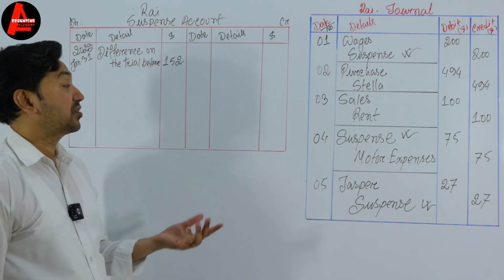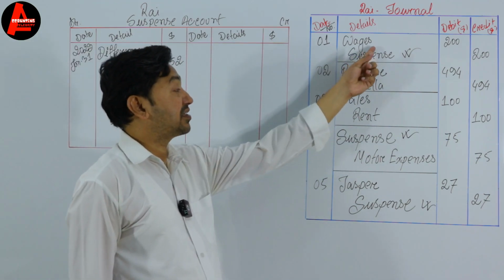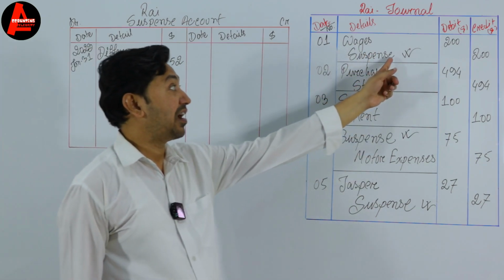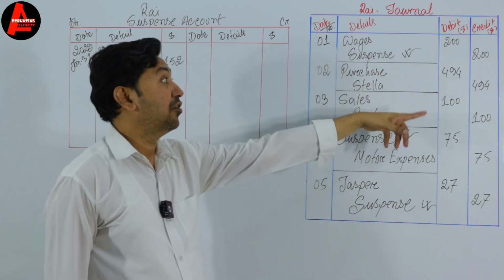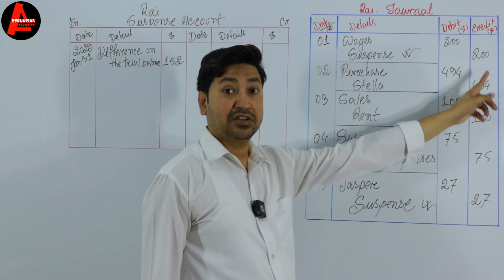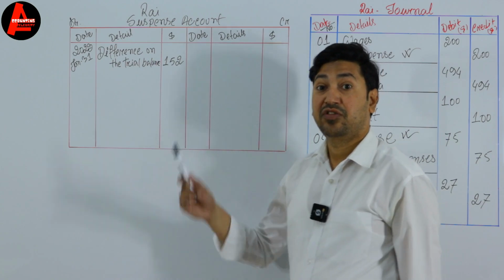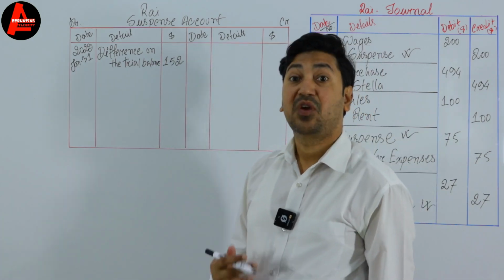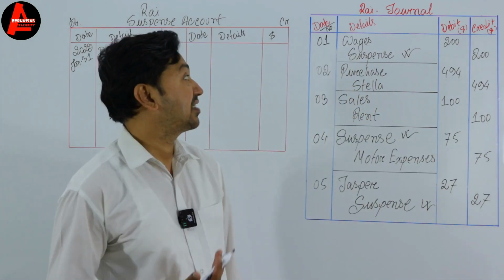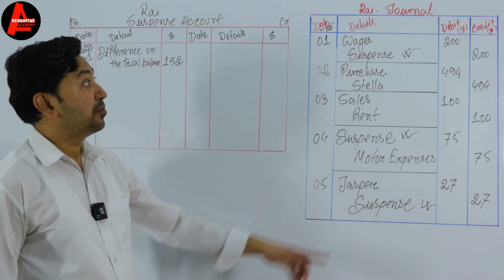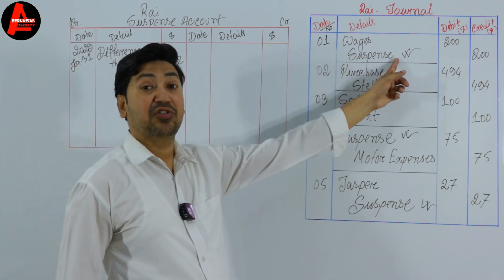First, number 1: wages account to be debited and suspense account to be credited by $200. Which side will we record, debit or credit? Well, it is the credit side, because the suspense account is credited.